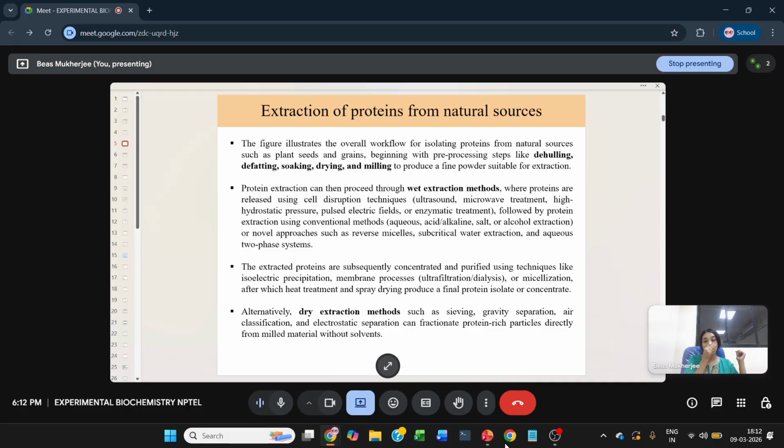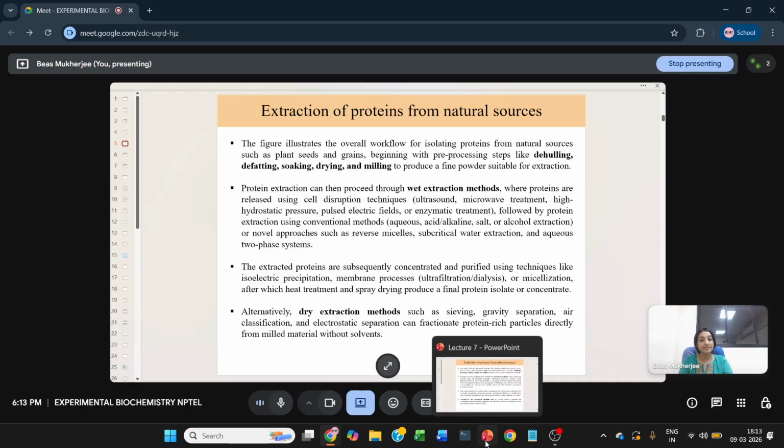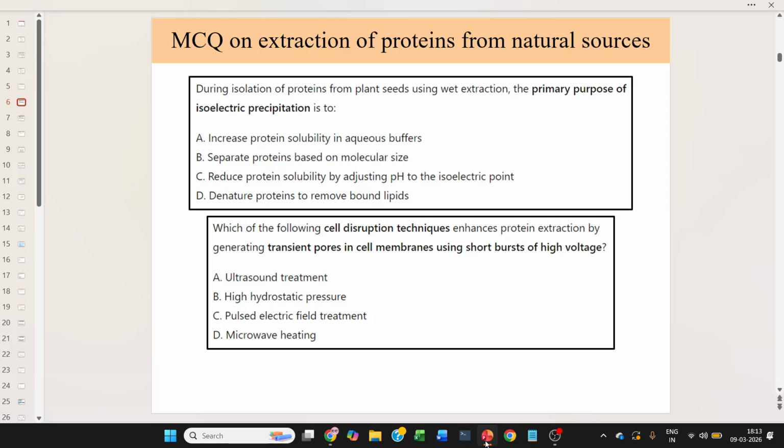So alternatively, a dry extraction method can be performed, such as sieving, gravity separation, air classification, and electrostatic separation can fractionate protein-rich particles directly from milled material without solvents. So you can see that this is a very extensive, very long procedure which can be followed for wet extraction methods. And that is why scientists came up with these alternative strategies.